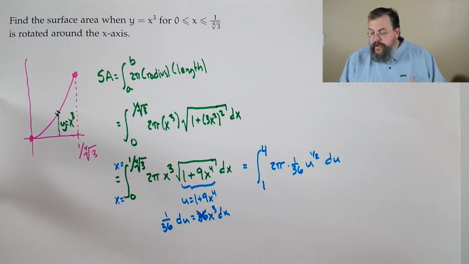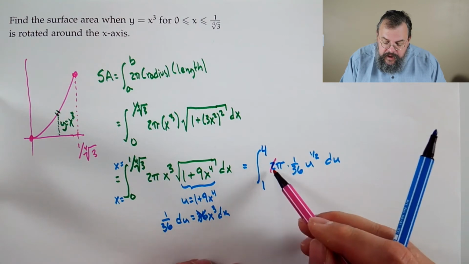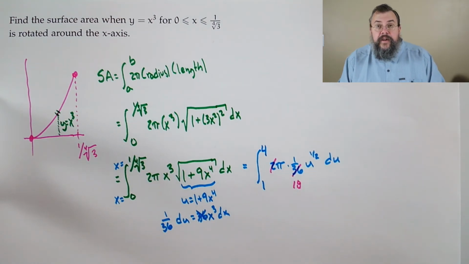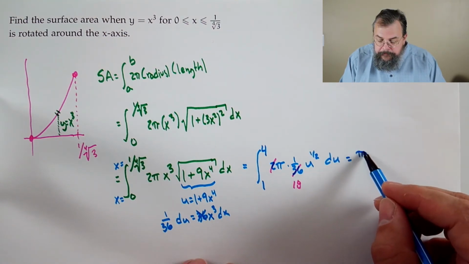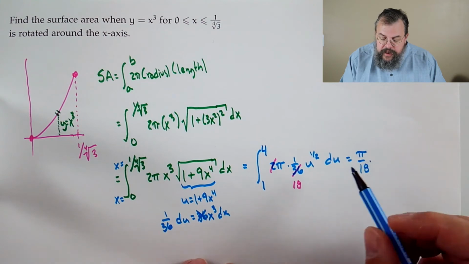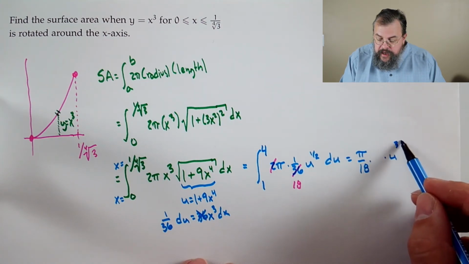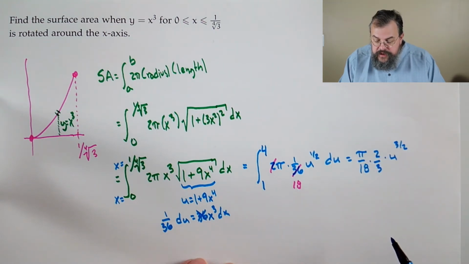We can simplify a tiny bit here. There's a 2 and a 36, so we can knock that down, so that's 1 over 18 now. So we end up with pi over 18. And now we integrate u to the 1/2. That would be u to the 3/2, multiplied by the reciprocal 2/3.